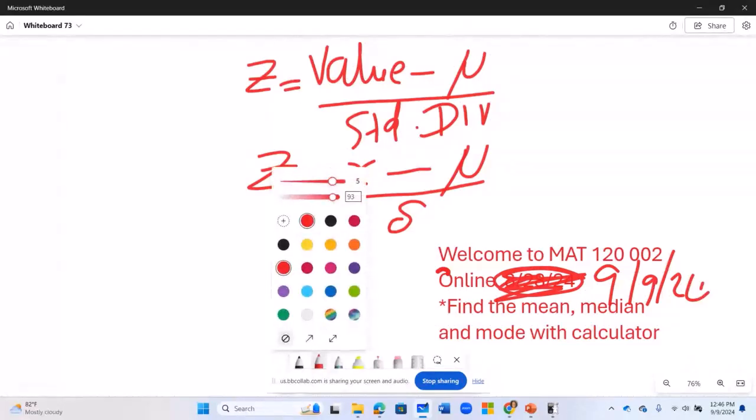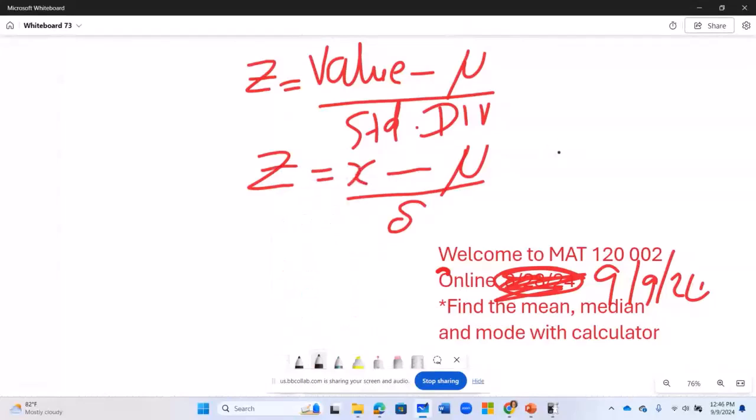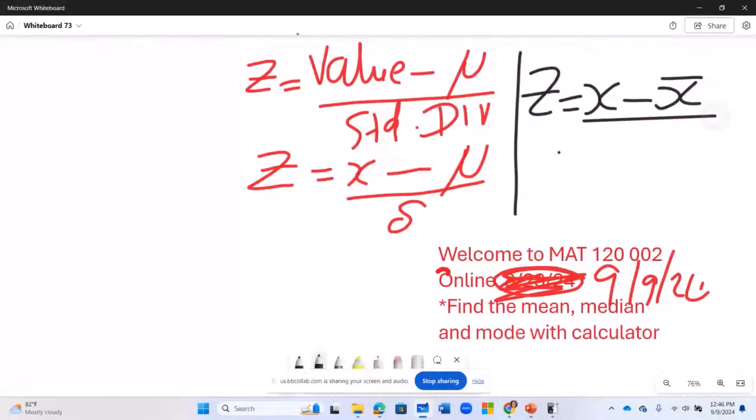Oh, so suppose I'm working on a sample, then the formula becomes z equal to the value minus x bar, you must know the difference, all over s of x. Why? Because I am finding the z-score of data that is normally distributed from a sample. So I'm going to use statistics. X bar and standard deviation s of x are statistics.